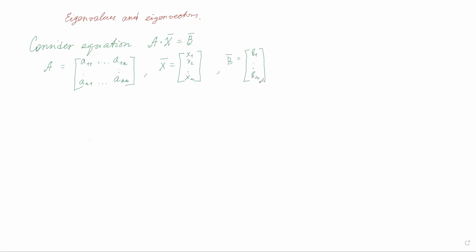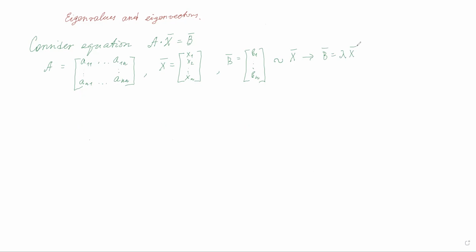And we are searching for a solution x, which is going to be multiplied by this matrix and give us vector b. Sometimes, in some rare cases, vector b is going to be proportional to the vector x itself. Proportional means that it's actually equal: vector b is equal to lambda times vector x.